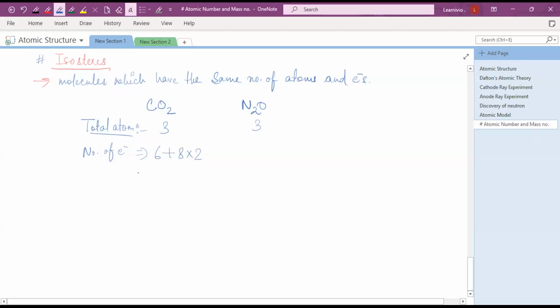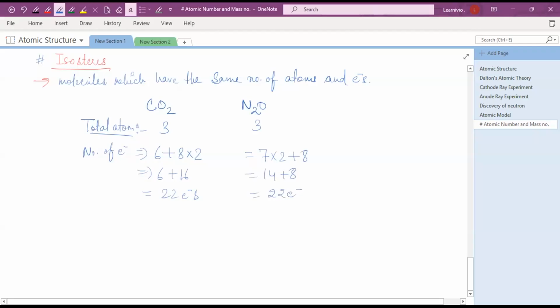So 6 plus 16 gives you 22 electrons. Similarly, for N2O, for nitrogen, 7 electrons for 1 nitrogen, into 2 because there are 2 nitrogens, plus 8. 14 plus 8, so you will get 22 electrons.